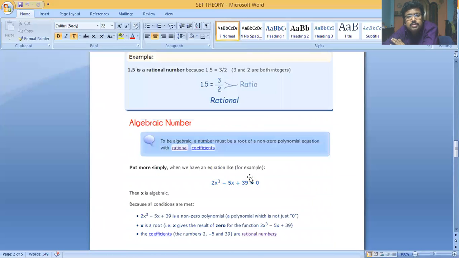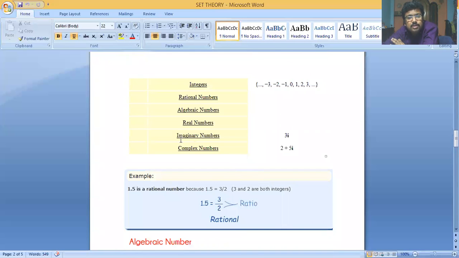Look, in this example, i means root minus 1. If you take the square of this, then we get the negative value, that is minus 1. So 3i is an imaginary number.